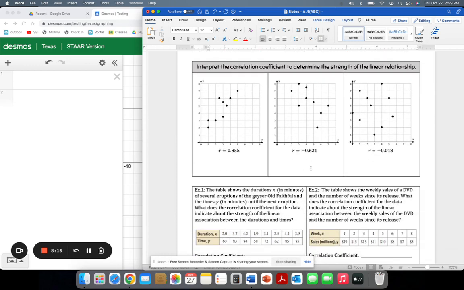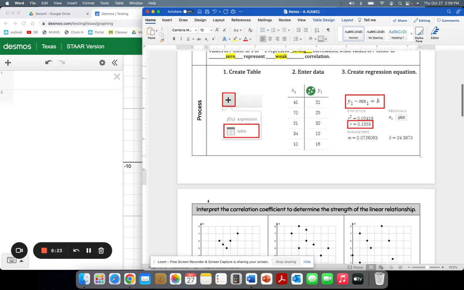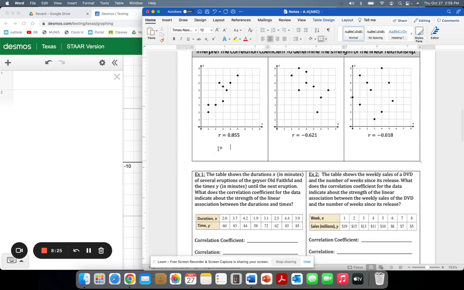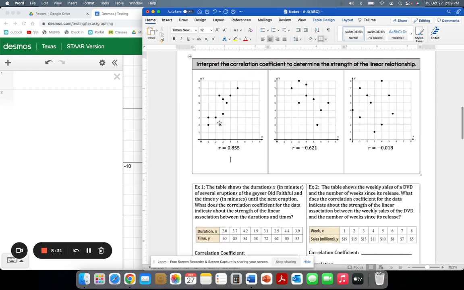Let's interpret the correlation coefficient to determine the strength of a linear relationship. You have points over here. How do you know they're scatter plots? Because these points are scattered and spread across the graph. But I can see that it is a positive linear relationship.